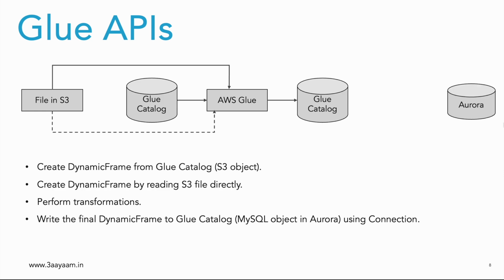Let's say the Aurora MySQL database is here, but if Glue has to write to this Aurora database and its corresponding tables, it has to use a data connection or a Glue connection. So the Glue connection will connect to the Aurora MySQL database, and then AWS Glue will use this connection to write to the Aurora tables. First, let me go ahead and show you this using the data flow. And after that, we'll perform the same operations using PySpark on Glue itself.